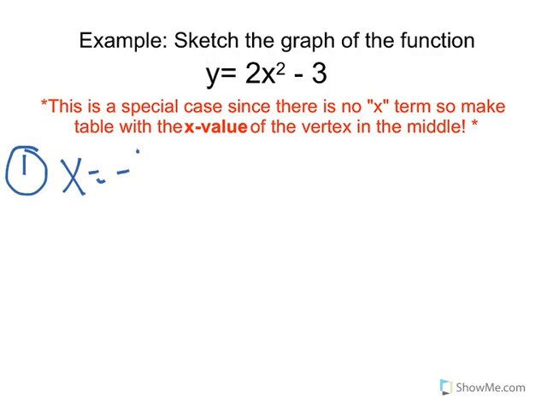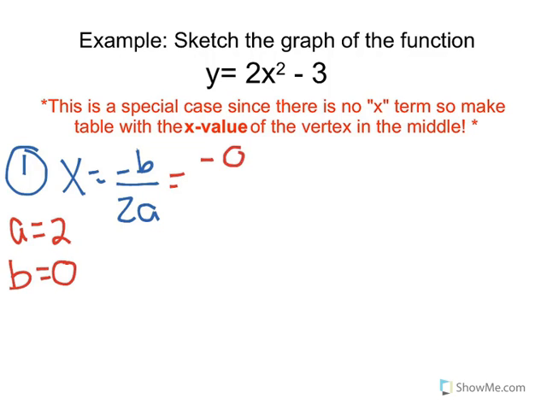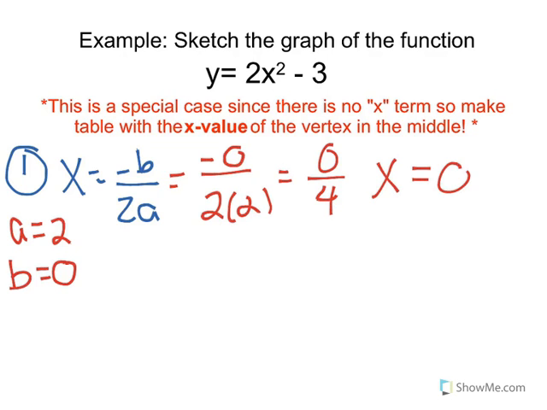So x equals negative b divided by 2a. a is 2 and b is equal to 0. So now I'll substitute those values in, and we get negative 0 divided by 2 times 2, which is 0 divided by 4. So our axis of symmetry is 0.